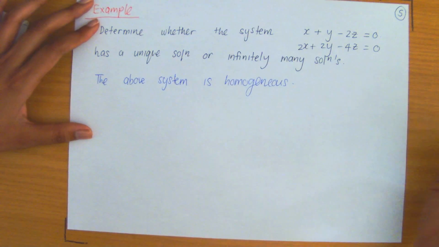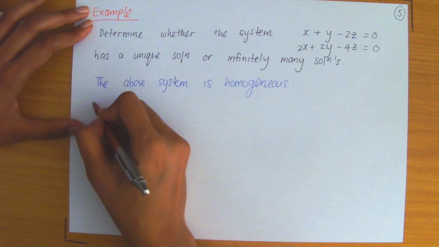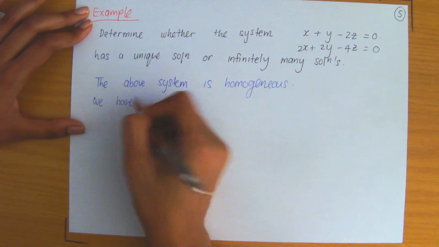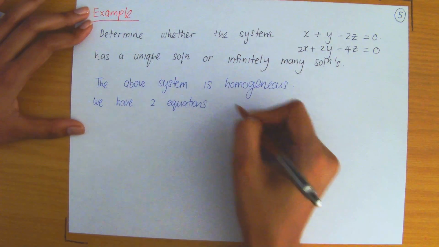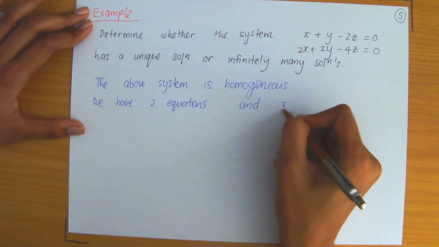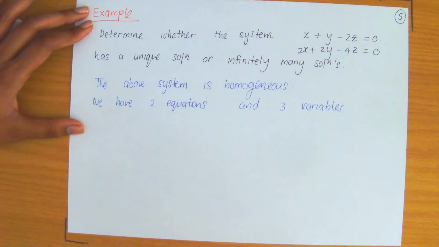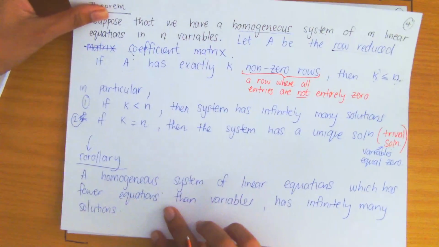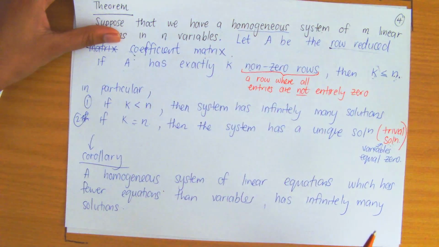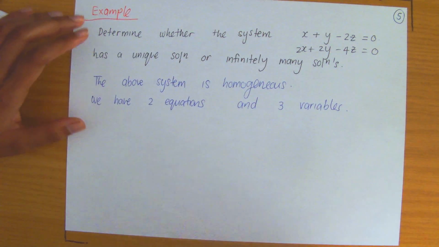Now let's take a look at the size of the system. How many equations and how many variables? We have 2 equations and 3 variables. The variables are x, y, and z. And what does our previous result tell us? Our corollary says that when you have a homogeneous system and you have fewer equations than variables, meaning there are more variables than equations, then the solution is infinitely many solutions.